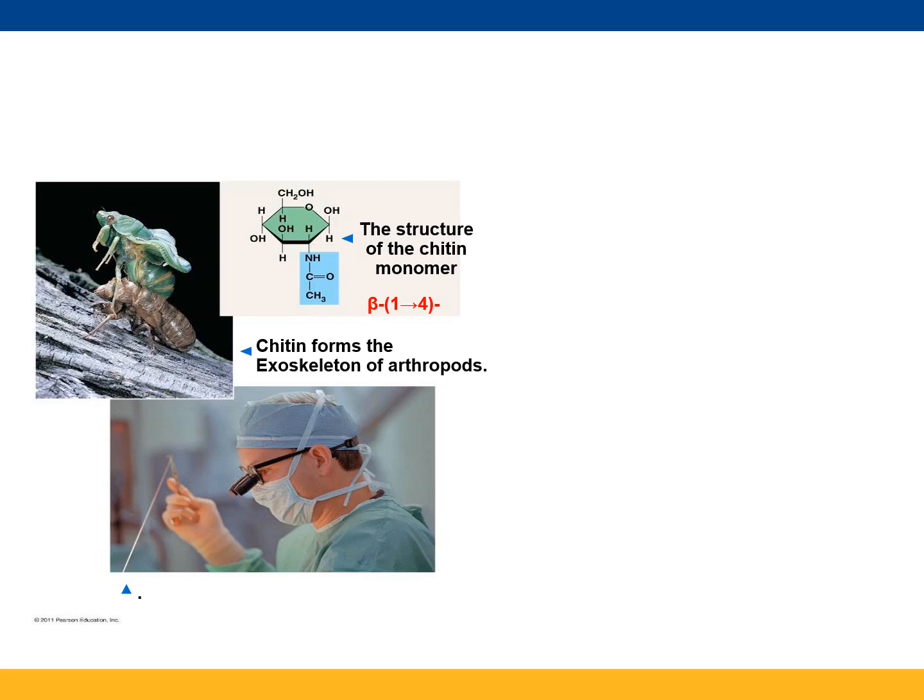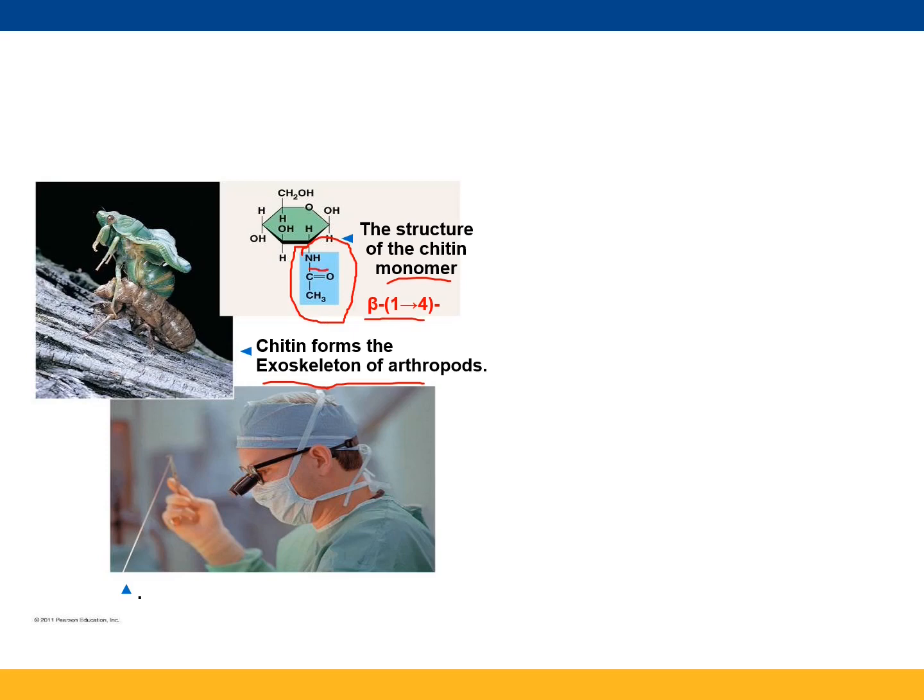And finally, we're going to talk about another type of polysaccharide that we haven't talked about before, and that is located in the exoskeleton of insects and also in the fungi. And this is the structure of the chitin monomer. So if you see, this has this nitrogen here that is very atypical.